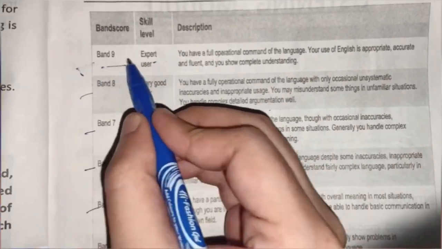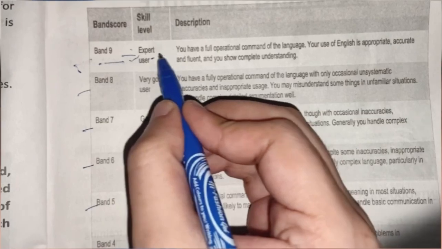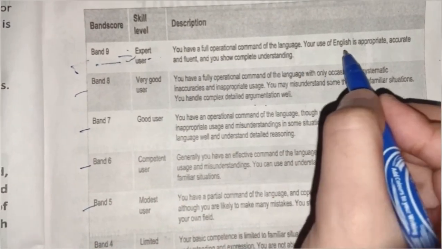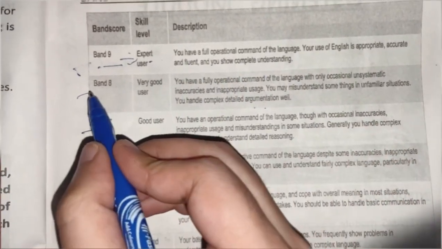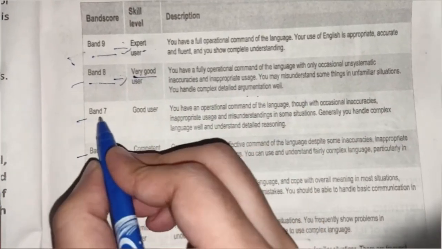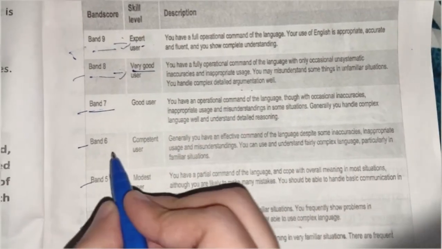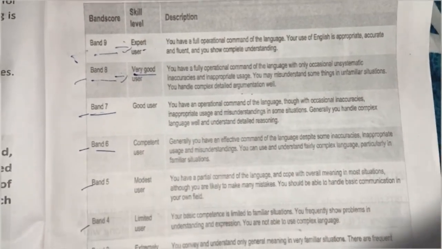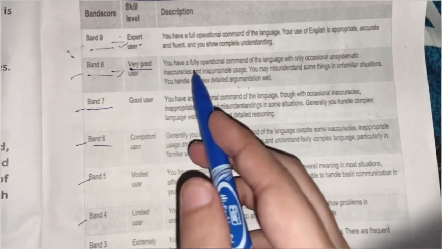There is also a band score which you can see: band 9 is for expert users, band 8 is a very good user, band 7 is a good user, and band 6 is a competent user.